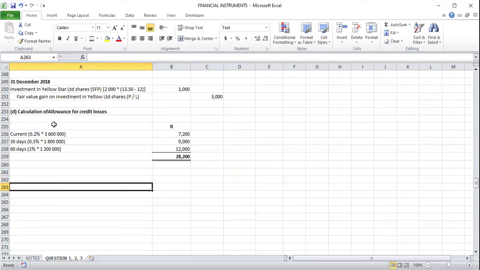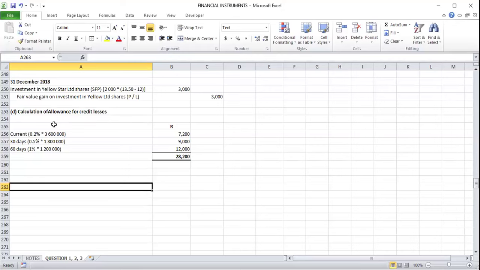Eugene, can I just ask, in terms of shares, do we always have a fair value gain or fair value loss? Does that only appear on shares? It can also appear on debentures. Remember, it's possible that debentures might not be at amortized cost.